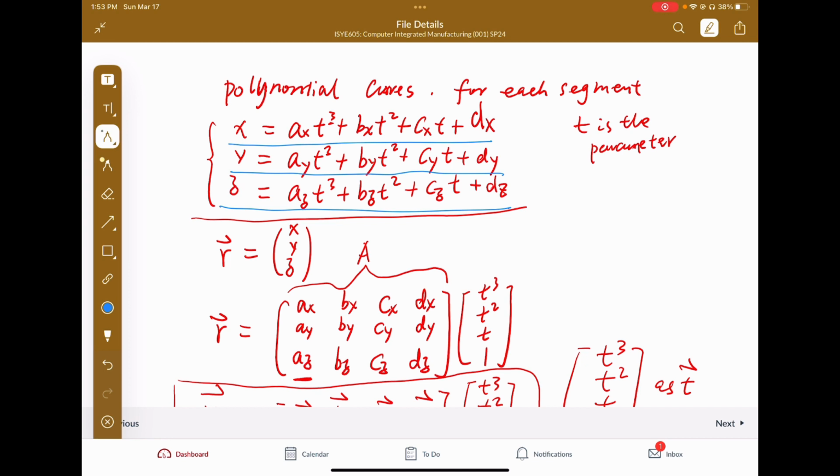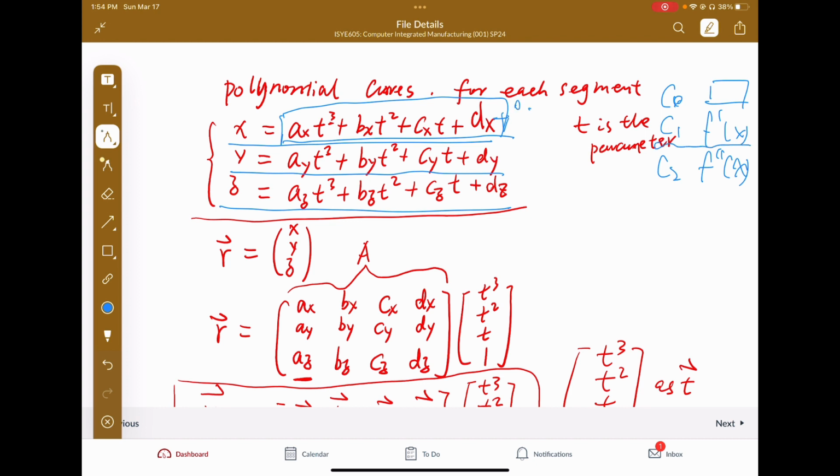Recall that we have three types of continuity. First is C0, which is the point. Another is C1, which takes one order of derivative. The second, C2, takes the derivative twice. We try to do this for x and y. So now we have T3, T2, T1, and T0.